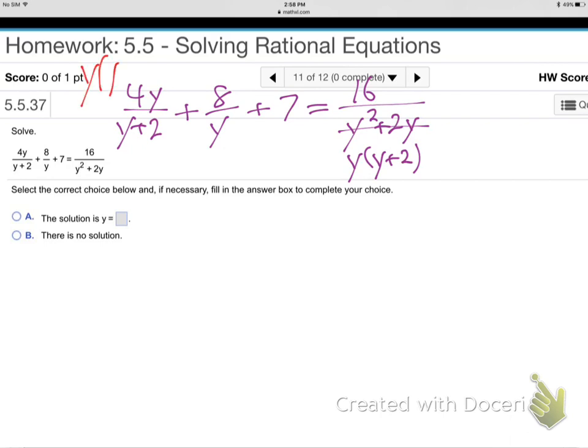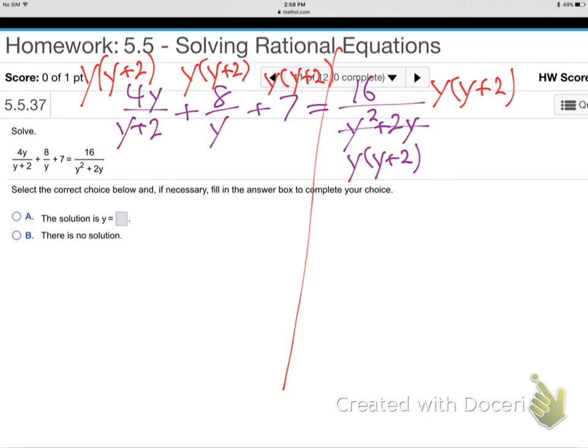So y plus 2, y plus 2, y plus 2. Right, so everybody, all four of them, get y plus 2. Top, top, top, top.